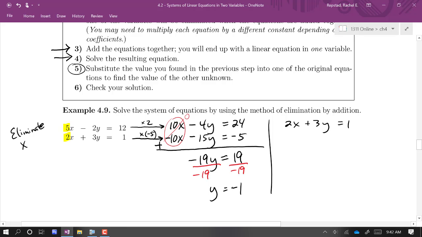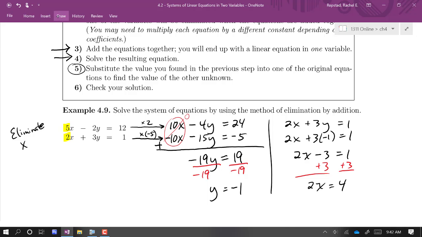I'm going to plug in y equals negative 1, and I get an equation with just x, and then I'm going to solve it. Add 3. So 2x equals 4. Now it's all over but the shouting. Divide by 2, and we get x equals 2.